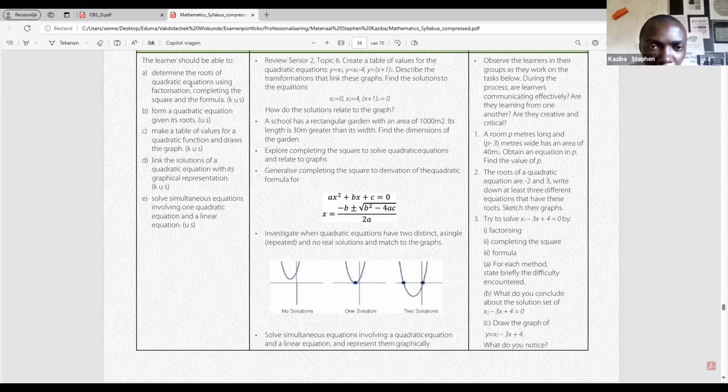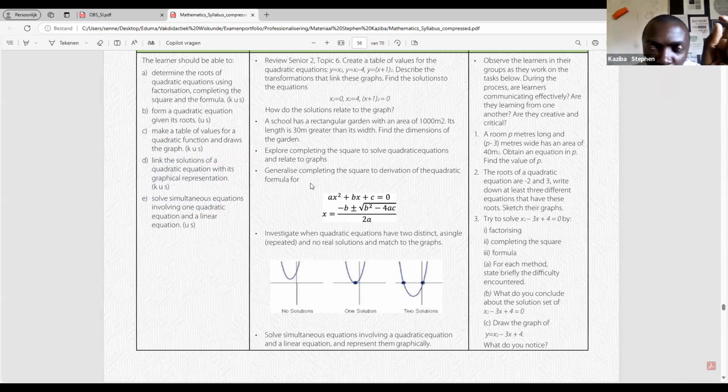Yes. Now, there are two things here. One, we had to make the table values for a quadratic function and draw the graph. That was one of the learning outcomes that we captured. But also, we had to link the solutions from our graphical representation onto the scenario.